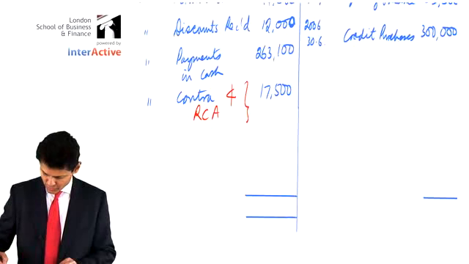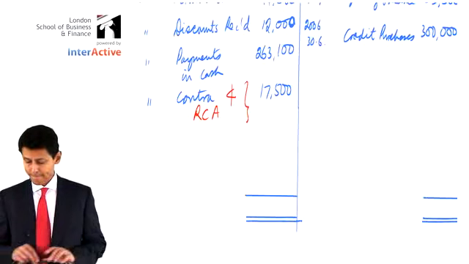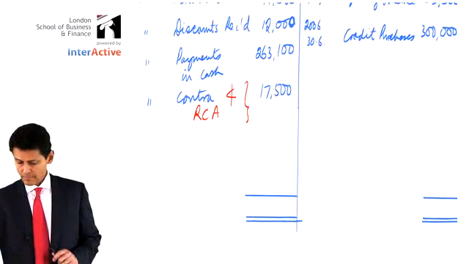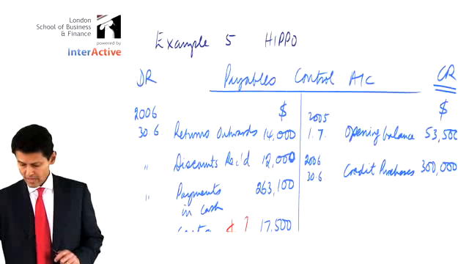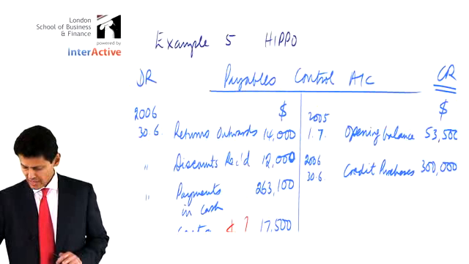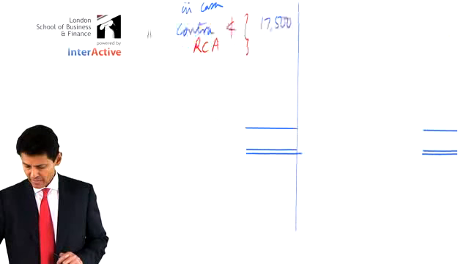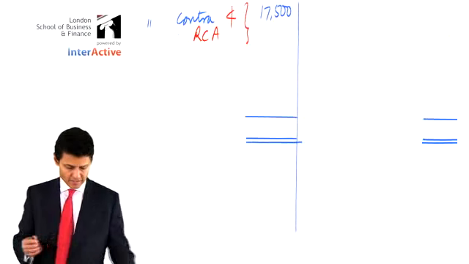At a guess, which one do you think will be heavier? This is, after all, the PCA, which is all about the credit side. So I'd imagine the credit side will be heavier, and indeed it clearly is in this question.